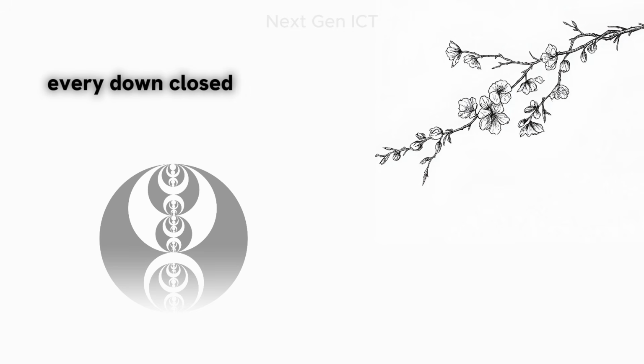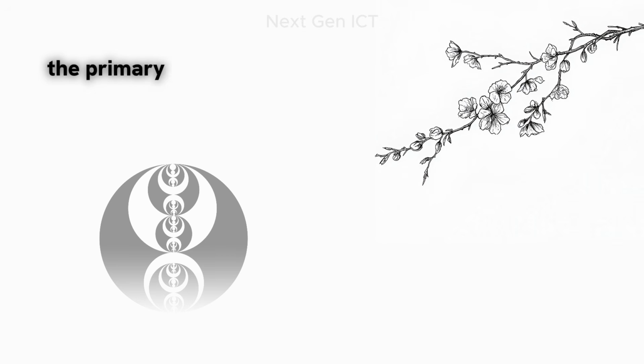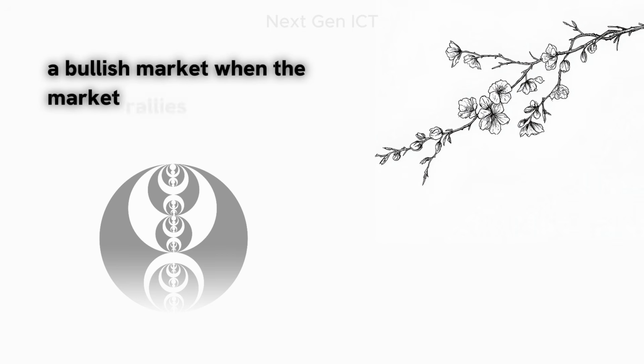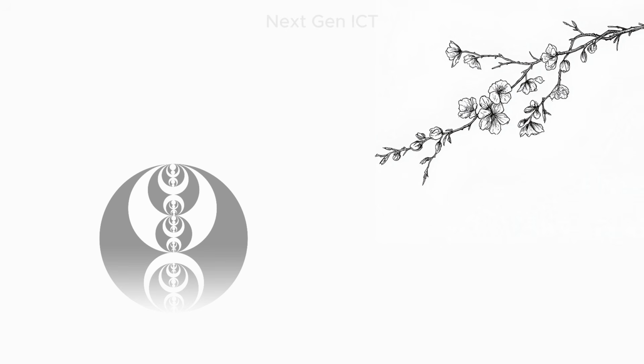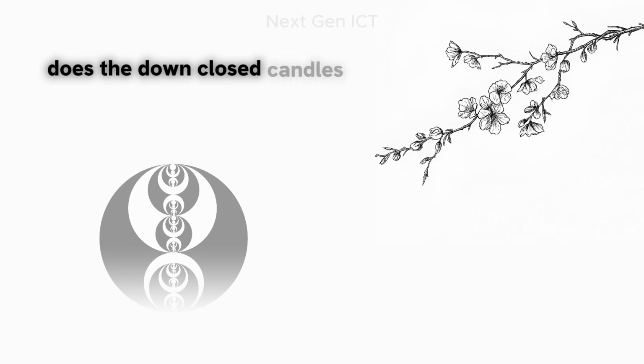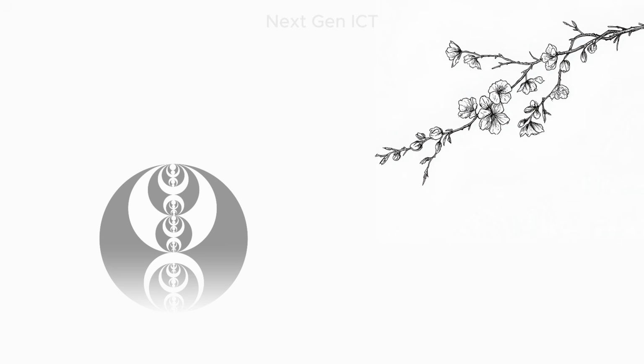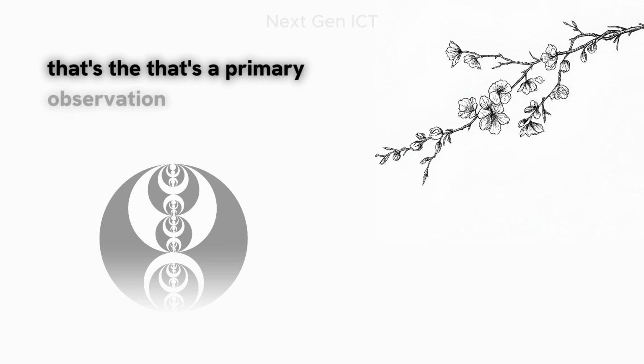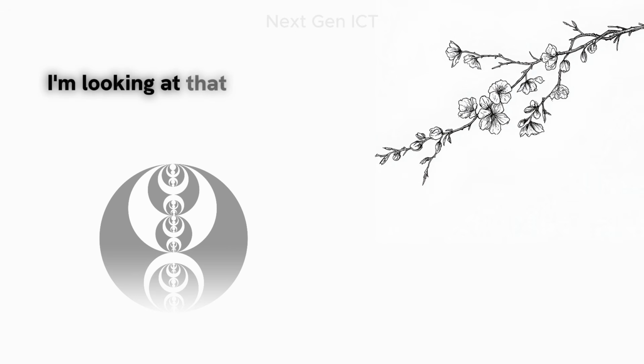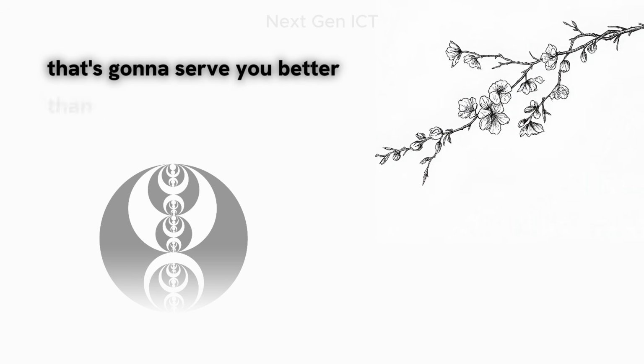Every down close candle, I'm looking at that. This is the primary function of how I teach order flow. A bullish market, when the market rallies away and it's reaching to buy side liquidity, I'm watching, do the down close candles support price? That's a primary observation for me. By itself, that's going to serve you better than any of the bullshit out there.